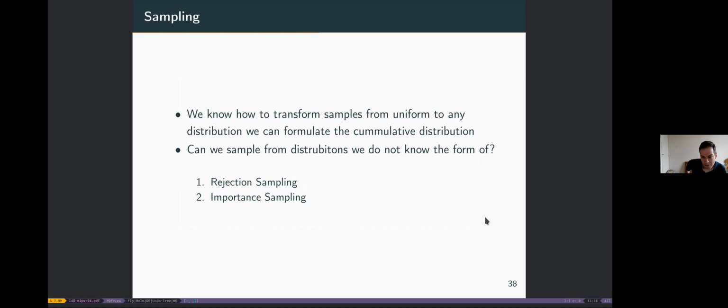Now, if I'm able to transform samples from a distribution whose cumulative distribution I can formulate, the next question is how do I draw samples from distributions whose form I do not know? I'm just going to give you two or three ideas of how this can work.